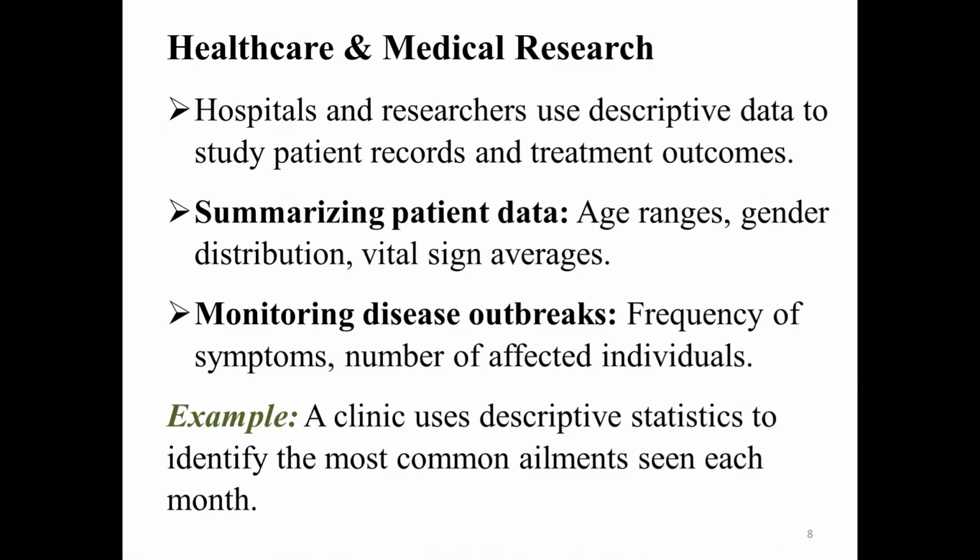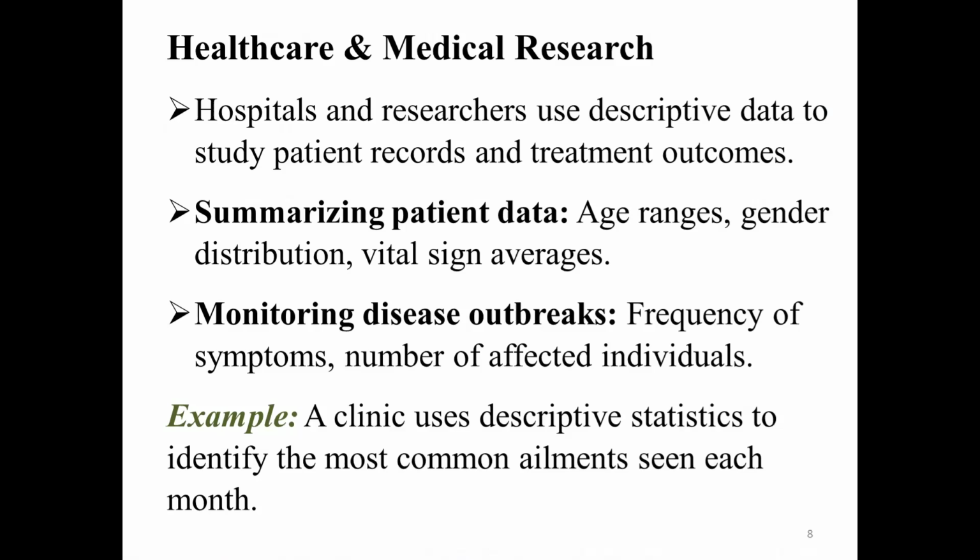It helps them in summarizing patient data like age ranges that suffer particular illness, the gender distribution that suffer a particular illness, vital signs and their averages amongst different age brackets. It helps them to monitor disease outbreaks like frequency of symptoms and number of affected individuals, and probably their age ranges and their gender.